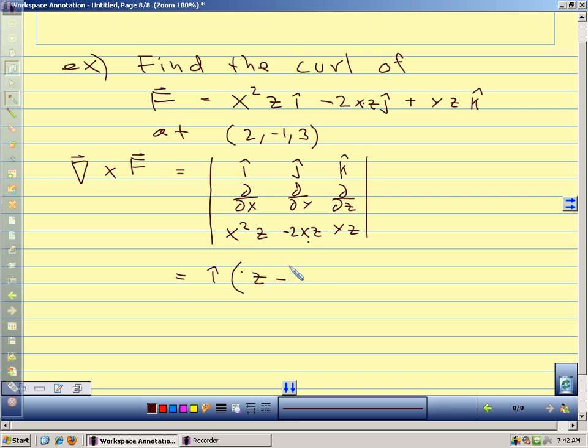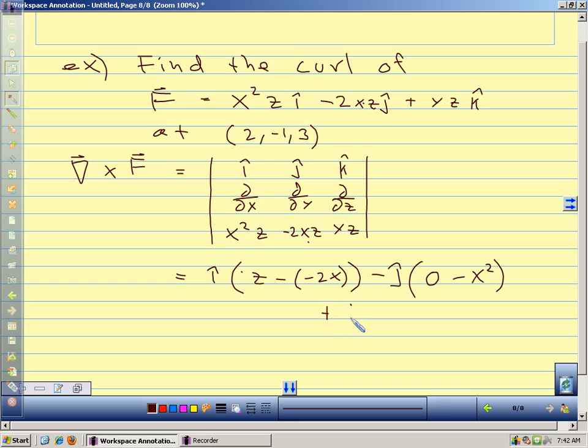So this would be minus a negative 2x. Minus j times d/dx of yz, which is just 0, minus d/dz of x squared z, which gives us x squared.